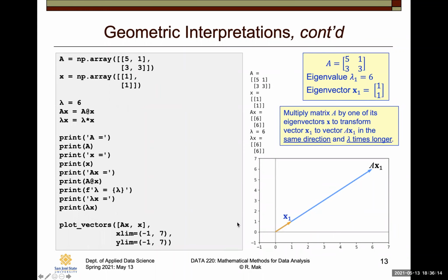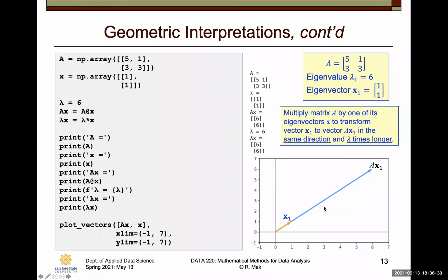So when I do the multiplication, here's the original vector, this orange thing, and Ax is the entire line here, but Ax is 6 times the vector.